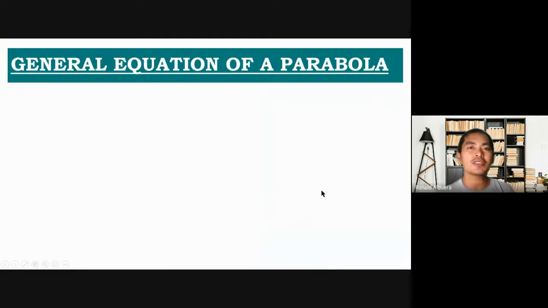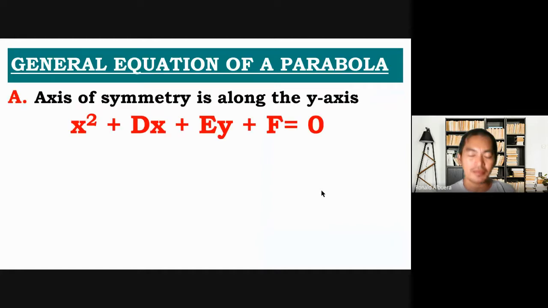Okay, let's proceed to the general equation of a parabola, both when the vertex lies along the y-axis. So we have here, pag y-axis or the graph opens upward or downward, ang may square lang yung x. And then, the variable x or term with x, the coefficient is d. The variable y, so ang coefficient niya ay e, and the constant term is represented by f.